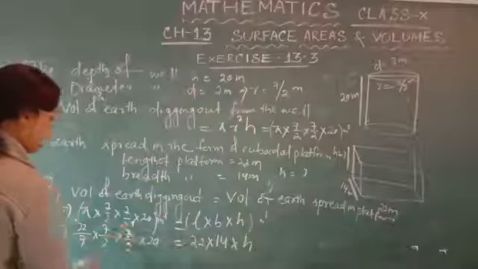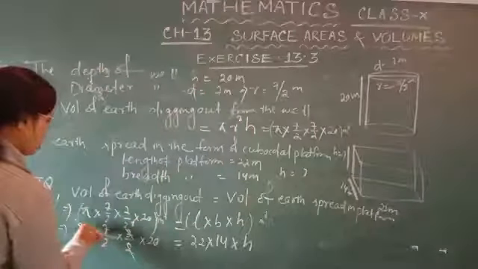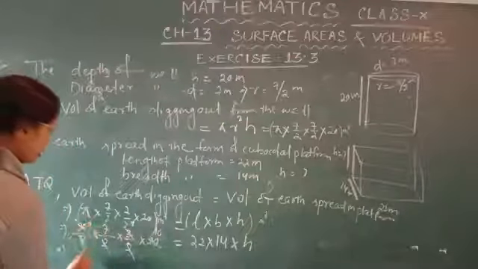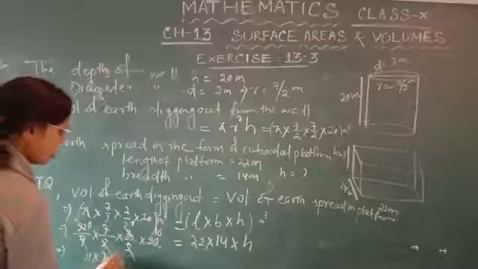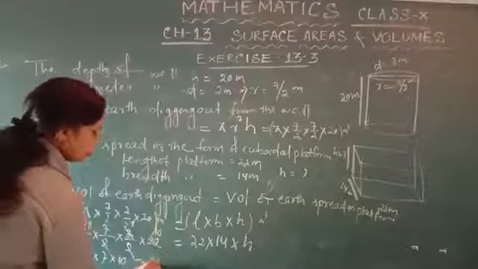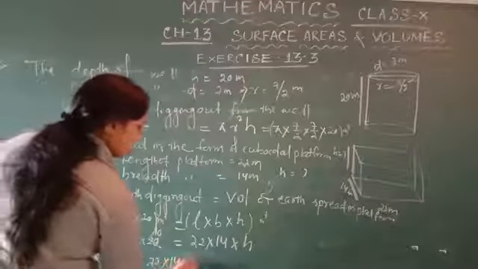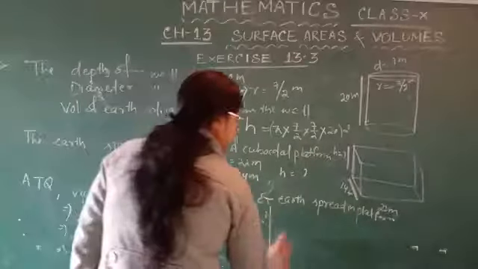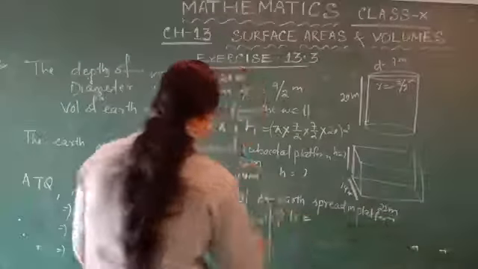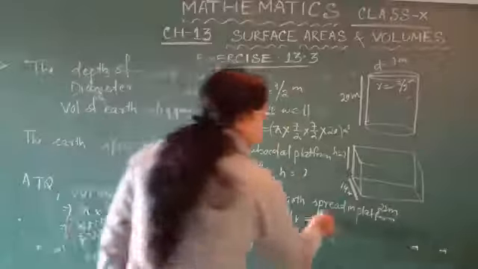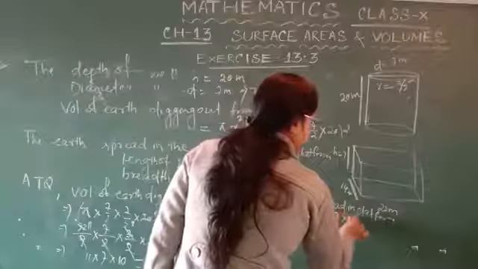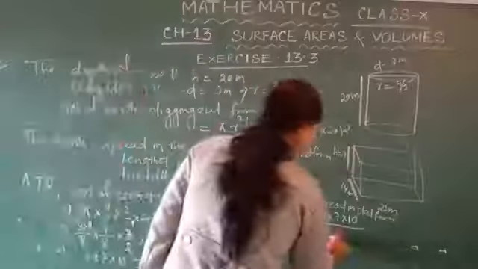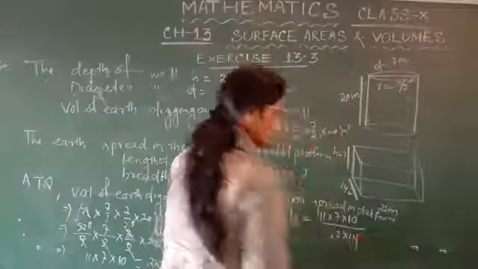Now 7 cancels, 2 here 11, 2 here it is 10. This implies 11 into 7 into 10 is equal to 22 into 14 into h. So this implies the height of the platform h is equal to 11 into 7 into 10 divided by 22 into 14.